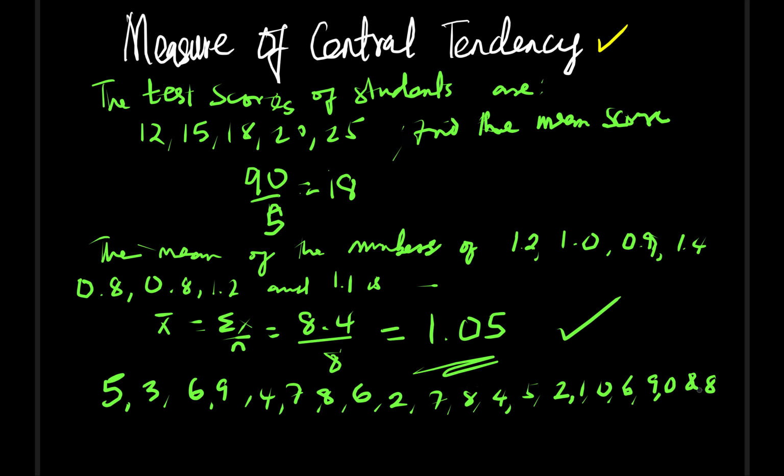So you're going to be finding the arithmetic mean of the marks. Remember, arithmetic mean is the same thing as just mean. So make sure you solve this. Put the answer in the comment section.